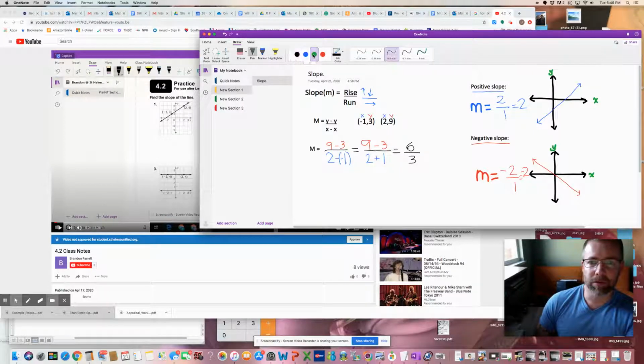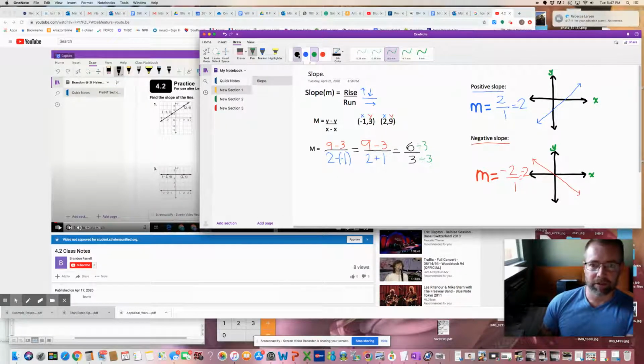And remember, the way you simplify a fraction is you figure out a number that the top and bottom can be divided by. And I know that both of these numbers can be divided by 3. So I'm going to divide the top by 3. And the rule is, if you do it on the top of the fraction, you have to do it on the bottom as well, right?